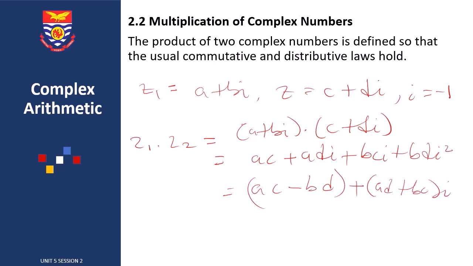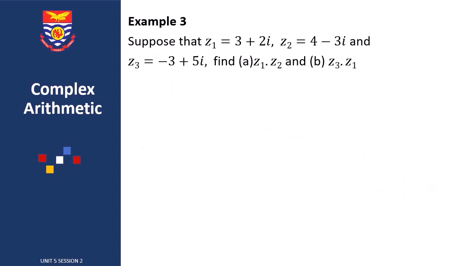Let's look at an example. Suppose that z1 equals this, and z2 and z3 we want to find. I'll leave one for you as an assignment. We want to do a, z1 times z2, which is 3 plus 2i times 4 minus 3i.